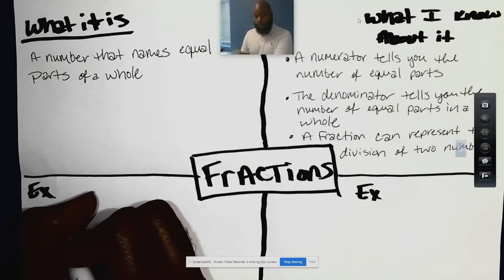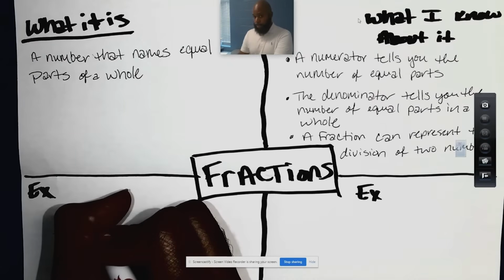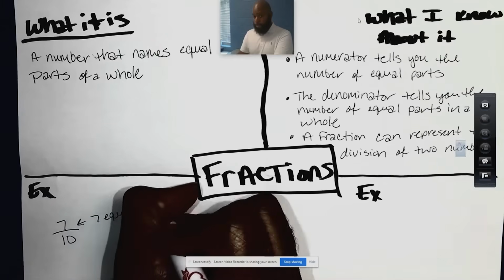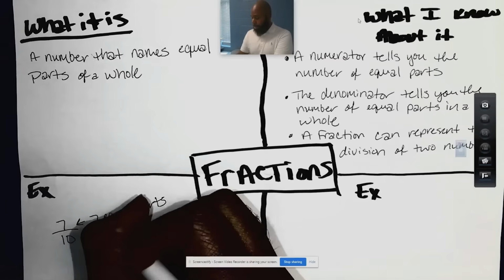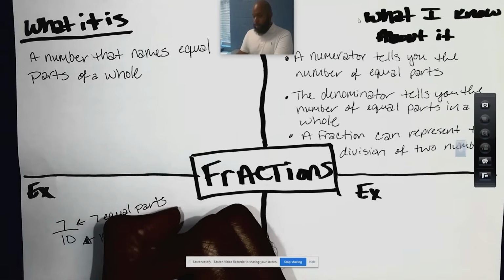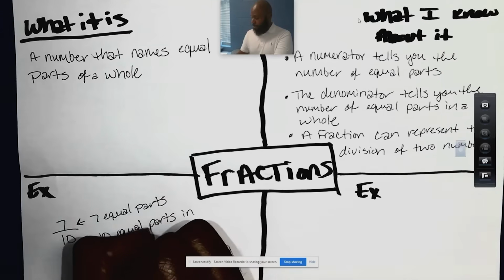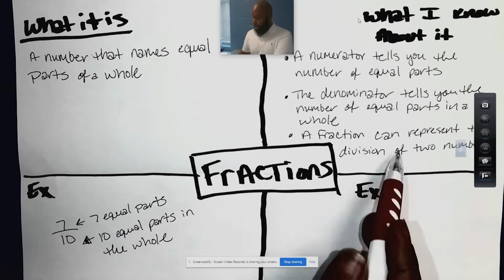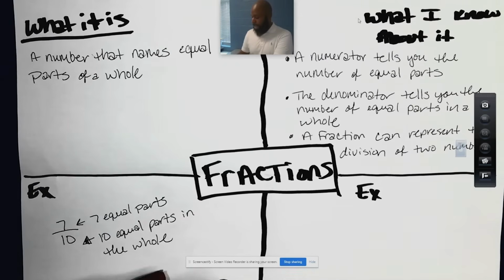So I have 7/10 with my 7 is 7 equal parts. And my 10, or my denominator, is equal parts in the whole. And another example, kind of based off of my third thing, is 7/10 is the same thing or equal or equivalent to 7 divided by 10.